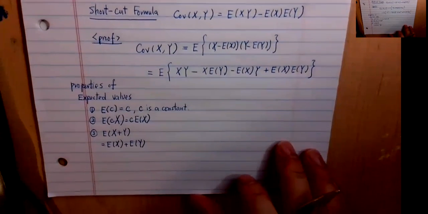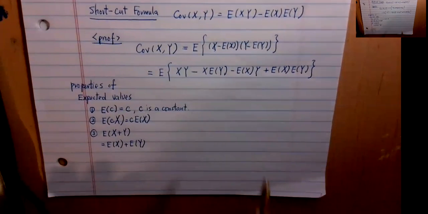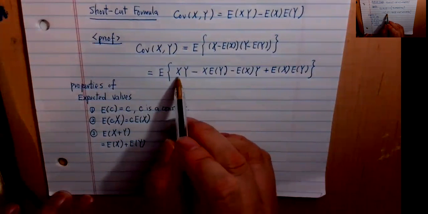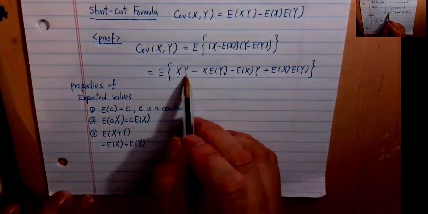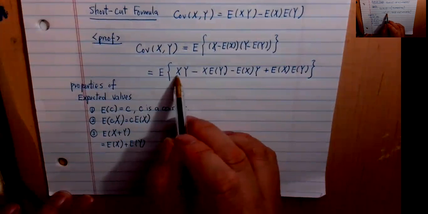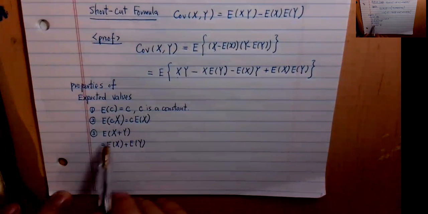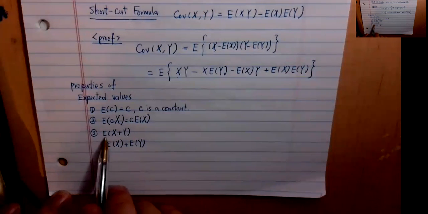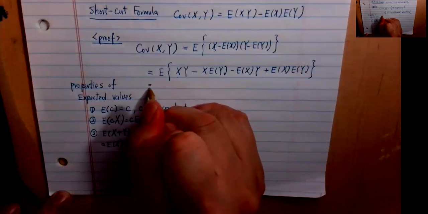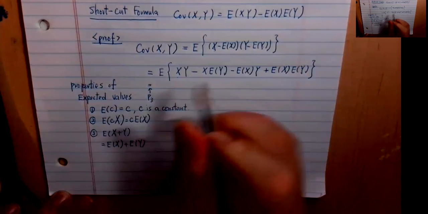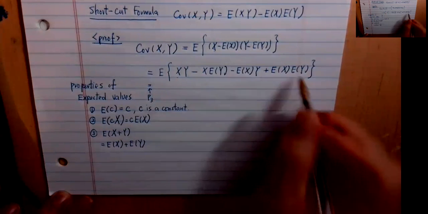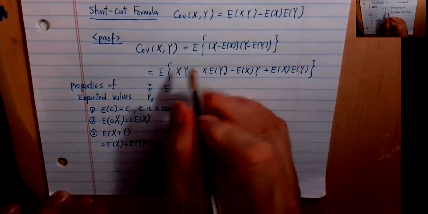Okay? So, X is a random variable, Y is a random variable. So X times Y is still a random variable. We can apply property 3 of expected value. I can tear this term into 4 parts.